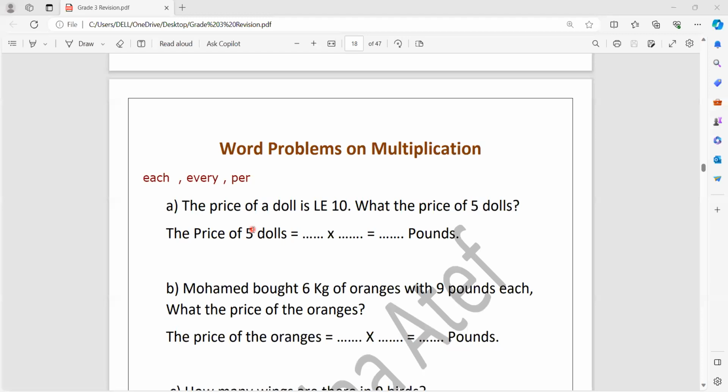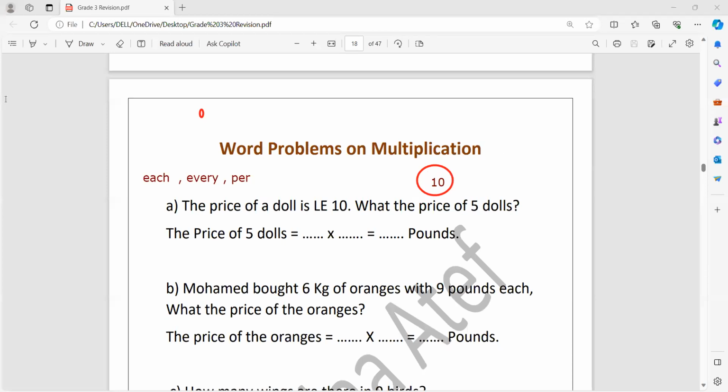Let's read this story. The price of a doll is 10 LE. What is the price of 5 dolls? If I have one doll, it's 10 LE. But this will be repeated how many times?